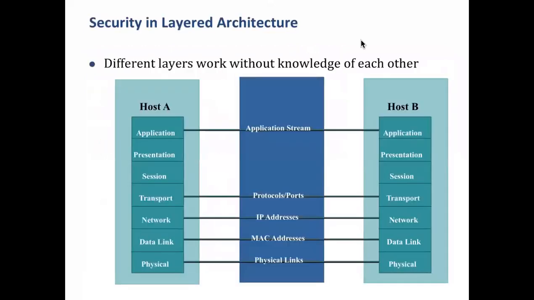Now this diagram you would have seen hundreds of times. This is the 7-layer OSI architecture. And as we discussed in the last class, we use only these layers: the physical layer, data link layer, then network layer, transport layer, and on top of that is application.